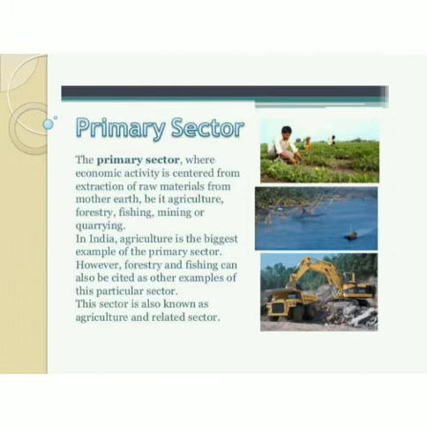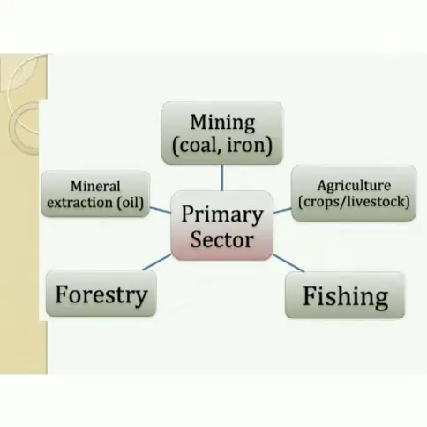The resources, or the free gifts from Mother Nature, are directly extracted, and the people who are occupied in this sector are in jobs which work directly with the free gifts of nature. To repeat once more, some examples of the primary sector are mining, agriculture, forestry, animal husbandry, mineral extraction, and many more.